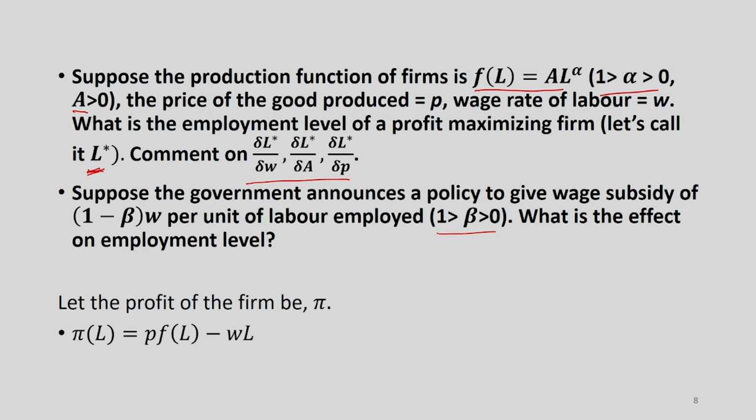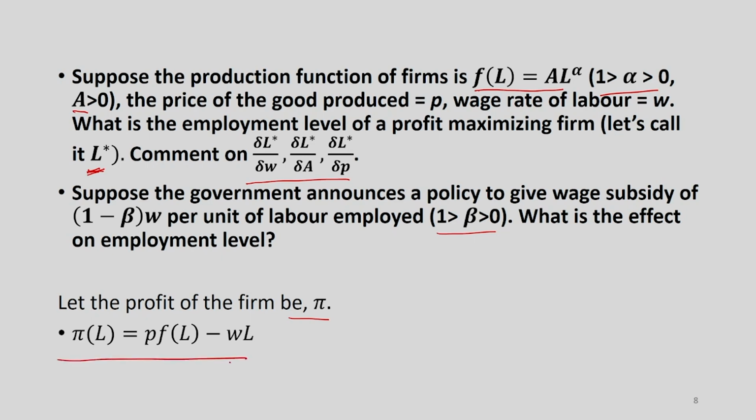Now, we are going to follow the basic rule. We first find out the profit function and try to see at what level of employment L, the decision variable, the producer is going to maximize the profit.